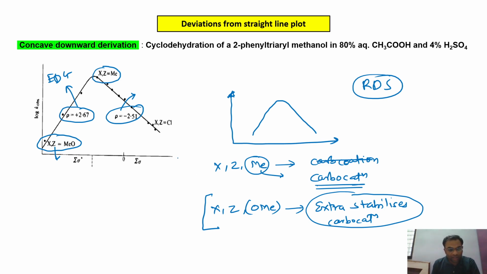Now again, when X and Z is equal to chlorine, then the two chlorine groups destabilize the carbocation, and therefore the formation of carbocation becomes very slow. And as the formation of carbocation is the rate determining step, the overall rate of this reaction decreases.